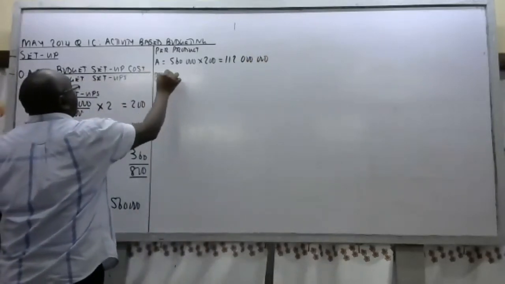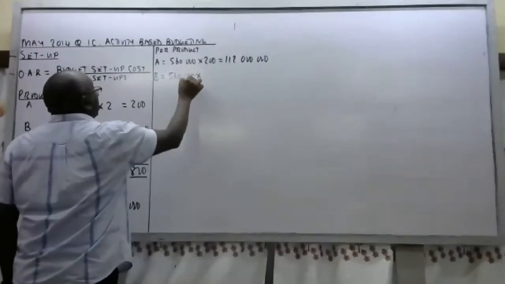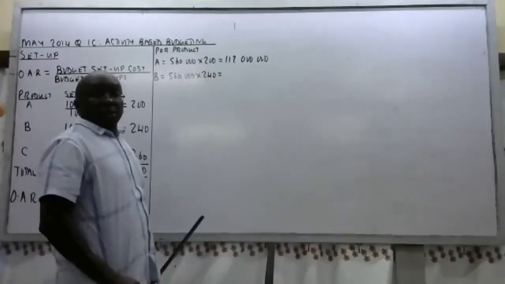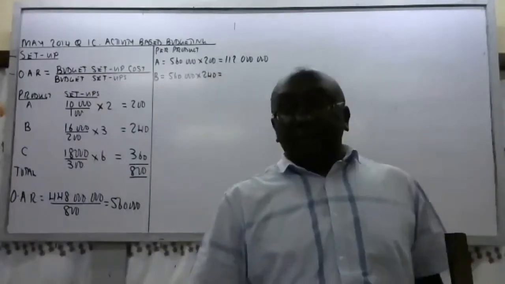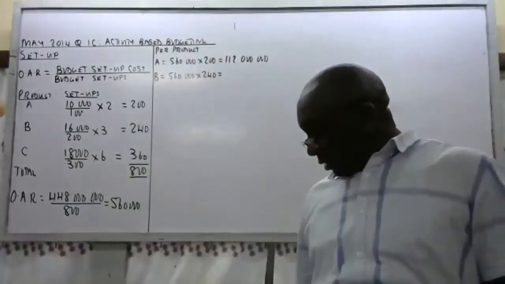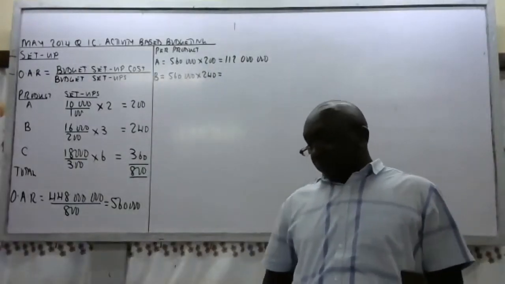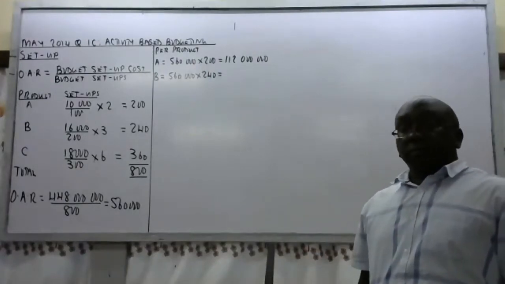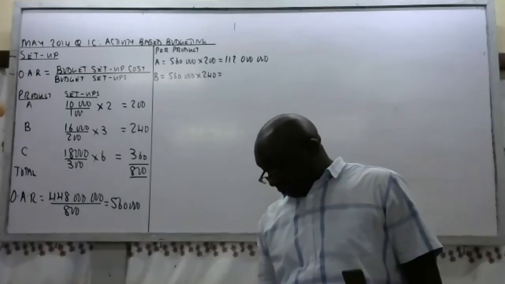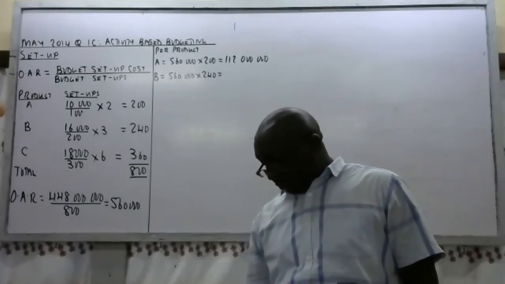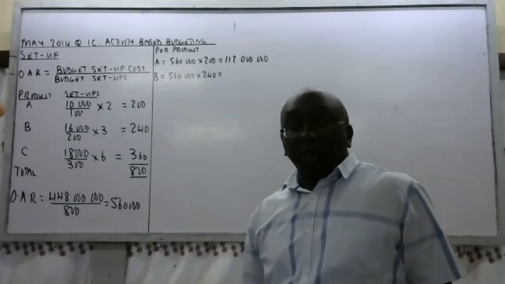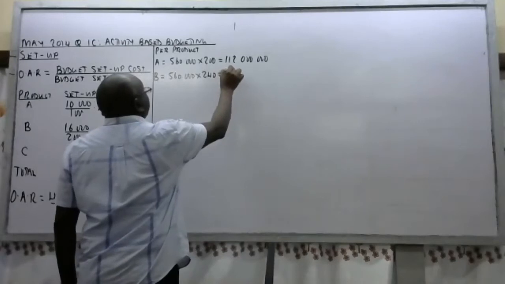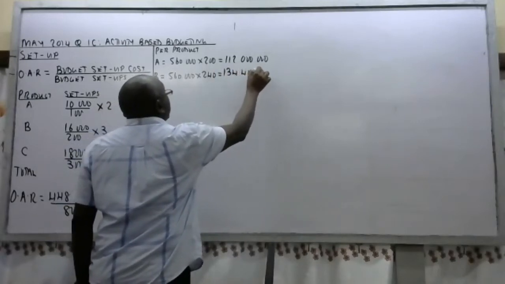B, we receive 560,000 multiplied by 240. That is $134,400,000.